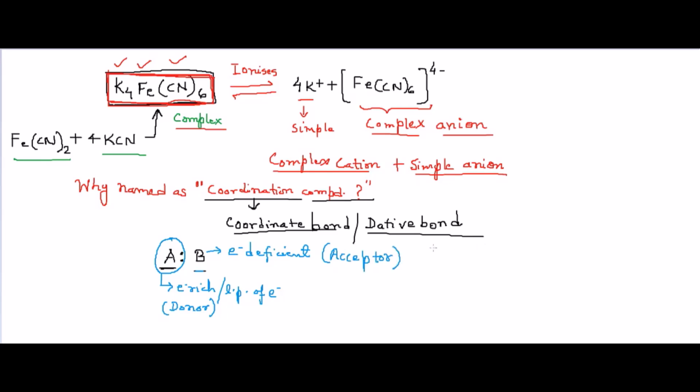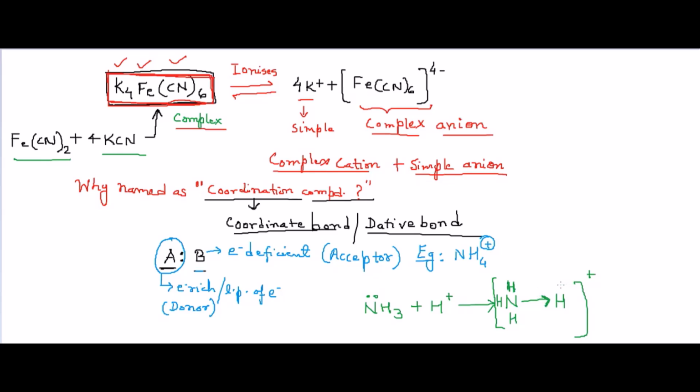You must have studied about the coordinate bond, and a very common example that we encounter is the ammonium ion, right? So here we have a simple ammonia molecule, where we have this lone pair of electrons on the nitrogen atom, right? And when H+, the proton, reacts with it, we can depict it like this. So this kind of arrow from nitrogen to hydrogen shows the donor and acceptor characteristic of the coordinate bond.